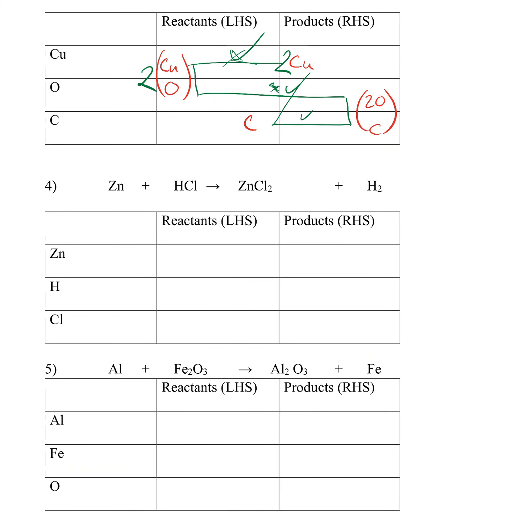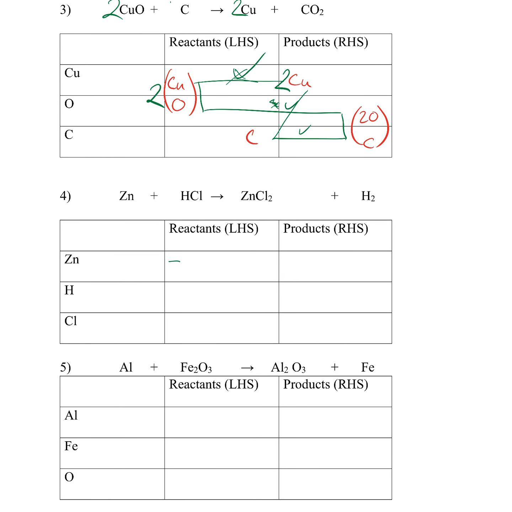Okay, let's try one more time. We've got a zinc. Oops, I said we were doing red pen. We got zinc. We have HCl together. We have 1 zinc and 2 chlorines together. And we have 2 hydrogens together. So we can start anywhere we want. Let's start with the zincs. The zincs are fine.